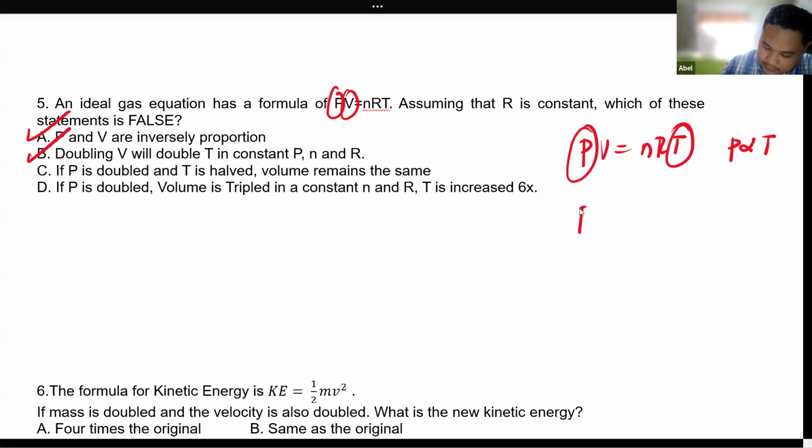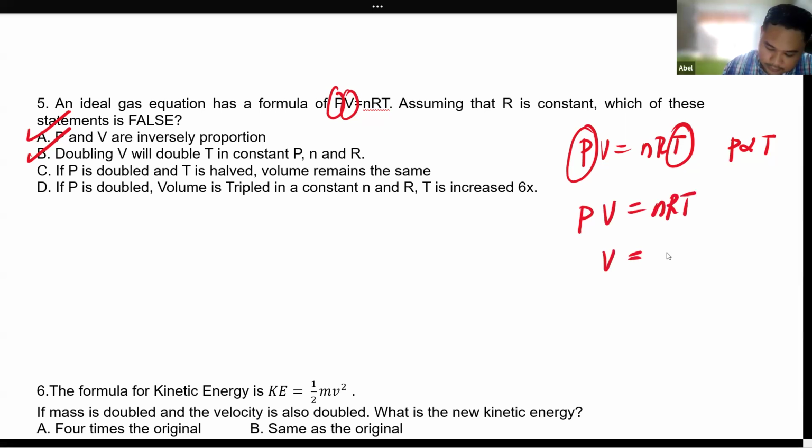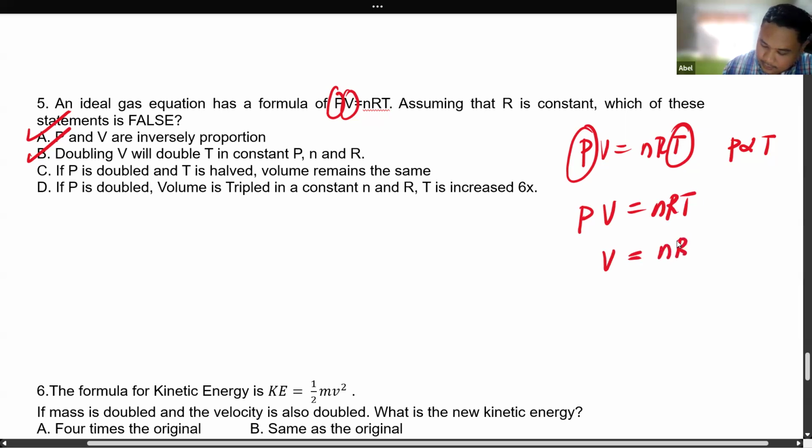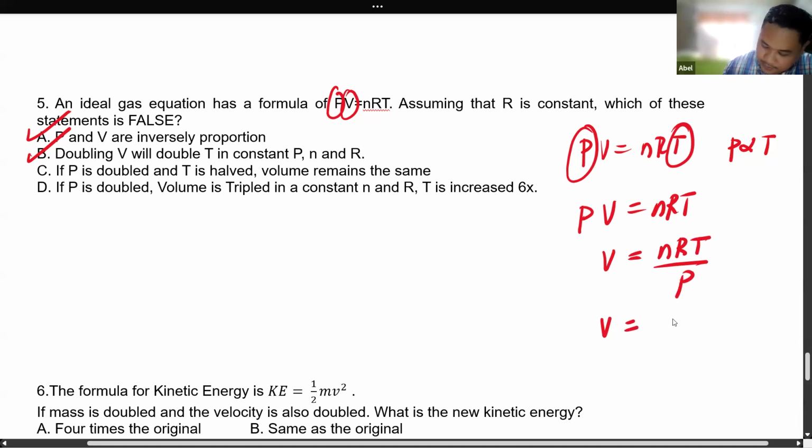Let's try to look here. If PV equals nRT, so we have V is equal to nRT over P. So say for example, if P is doubled, so we have 2 times the P1 and T is half.